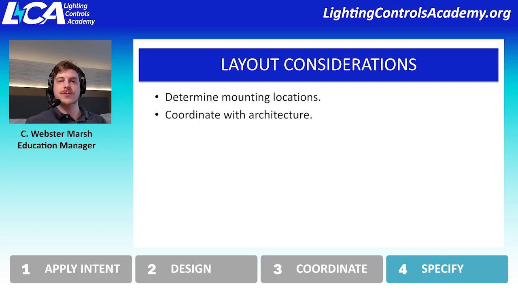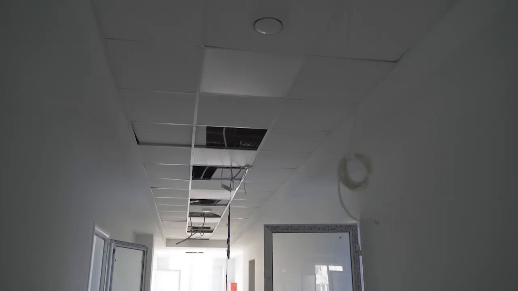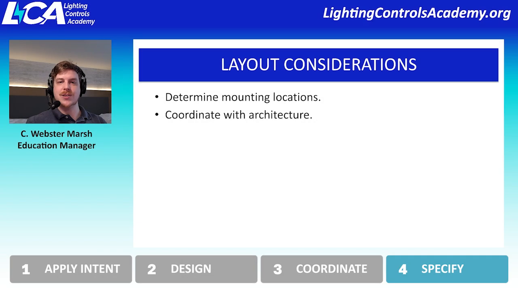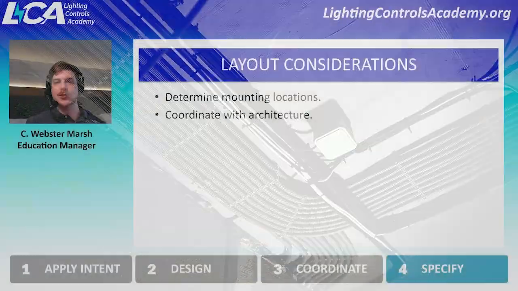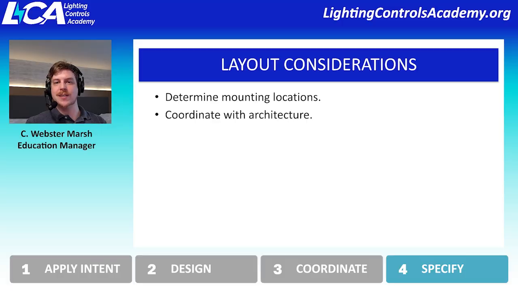There are other sorts of considerations, such as sensor mounting locations. If it's a tiled ceiling, ceiling mounted sensors might be a good option. Whereas if it's an exposed ceiling and there's a very high location where a ceiling sensor might be mounted, it might be better to look at a wall-mounted sensor instead.